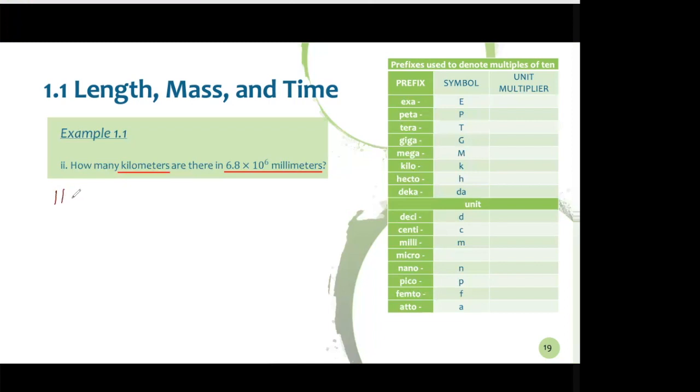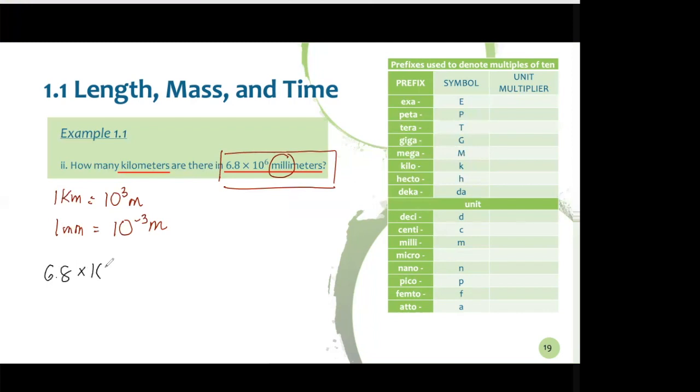Of course, 1 kilometer is 10 to the 3 meters. How about milli? 1 millimeter is 10 to the what? Negative 3. Okay, thank you so much. So let's have this value. Let's put it here. I have 6.8 times 10 to the 6 millimeters.